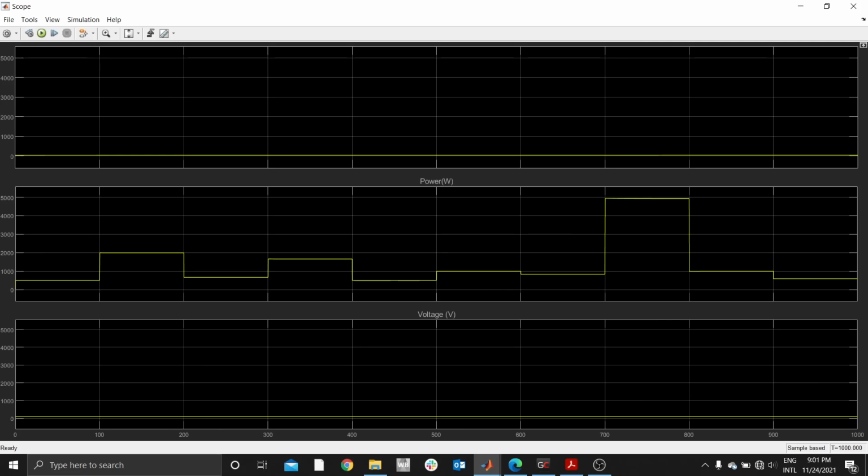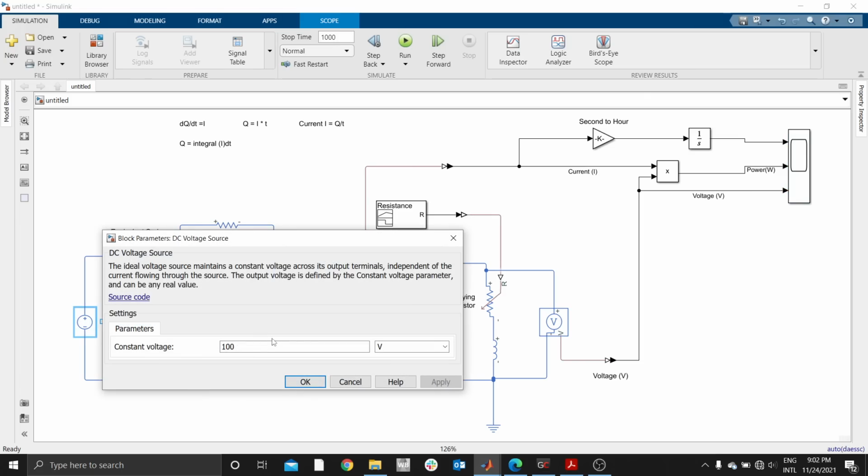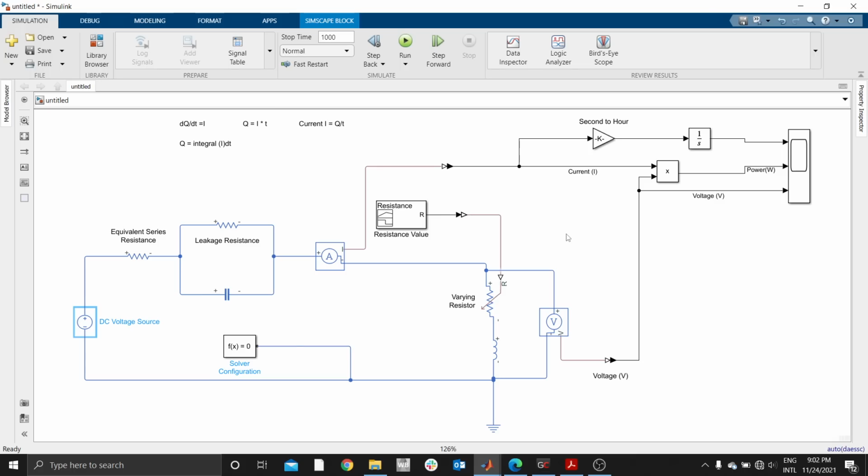Okay, this is weird. Let's see what's happening. This is 0. A minute. I want to determine what's happening here. This one is 100.